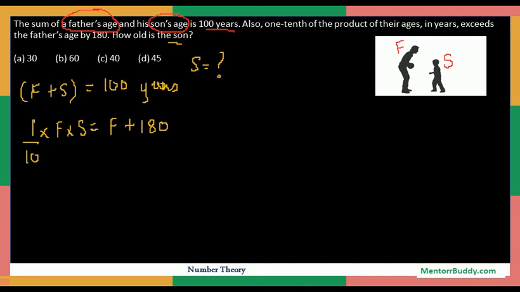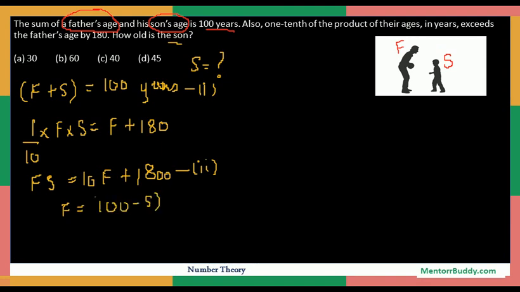Now we can see two equations are formed, and we have to solve these and get the value of s. Now solving the second equation, it can be written as fs equals 10f plus 1800. As we need to figure out the value of s, we'll write the value of f in terms of s in this equation. Let's say this is the first equation and this is the second equation. From the first equation I'm going to get the value of f, so f will be equal to 100 minus s.